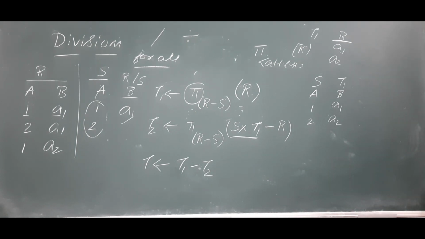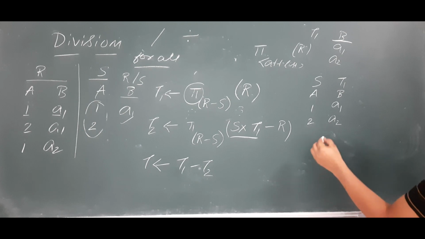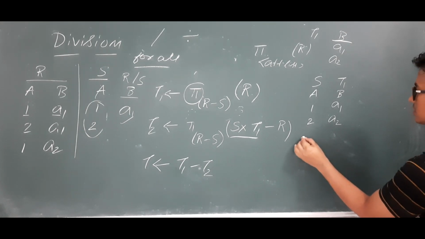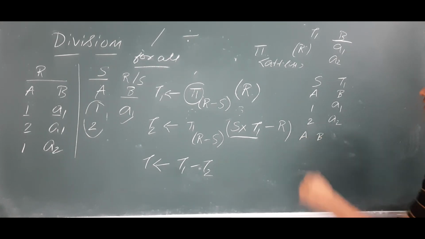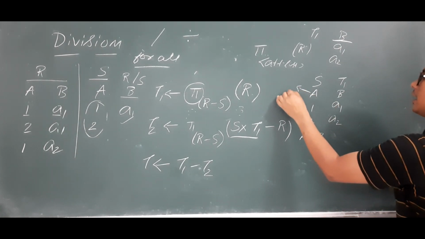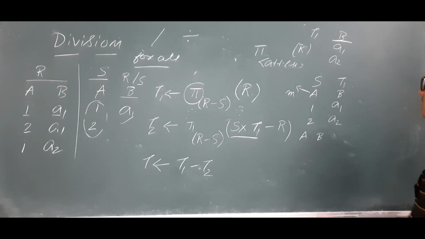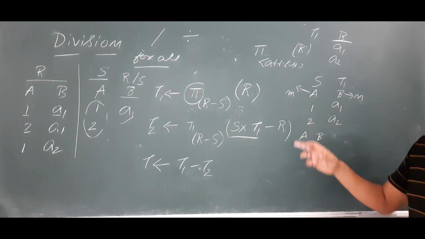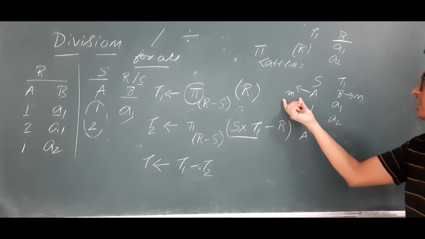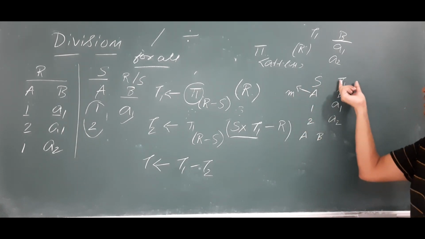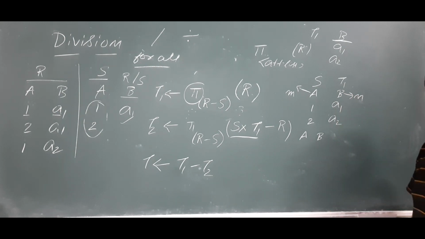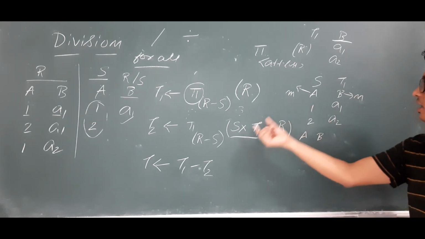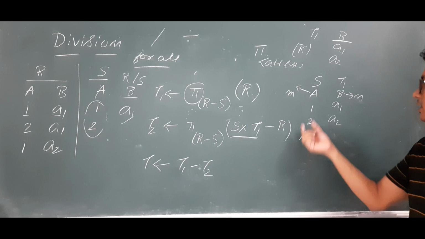Now I want to apply the Cartesian product between these two. If I apply it, I will get the attribute list as AB. Why am I getting the attribute list AB? If you have m attributes in the relation S and n attributes in the relation T1, attributes meaning degree, then the degree of S Cartesian product T1 will be m plus n.